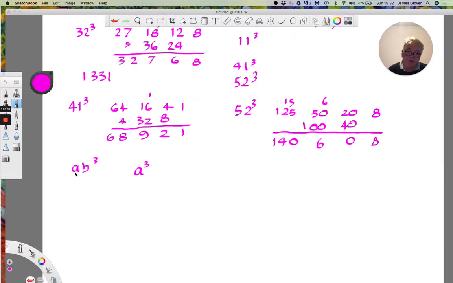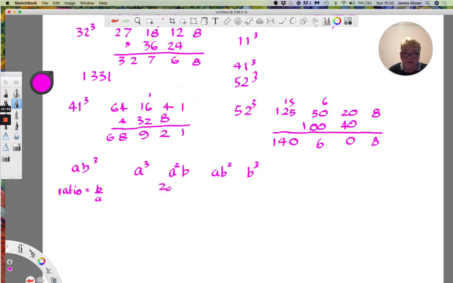Now the ratio A to B means that we divide by A and multiply by B. So the ratio is equal to B divided by A. On multiplying A cubed by B over A, we get A squared B. And then multiplying this by B over A, we get A times B squared. And then multiplying this by B over A, we have B cubed.